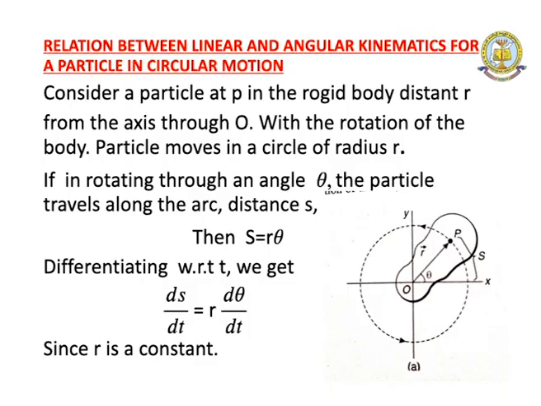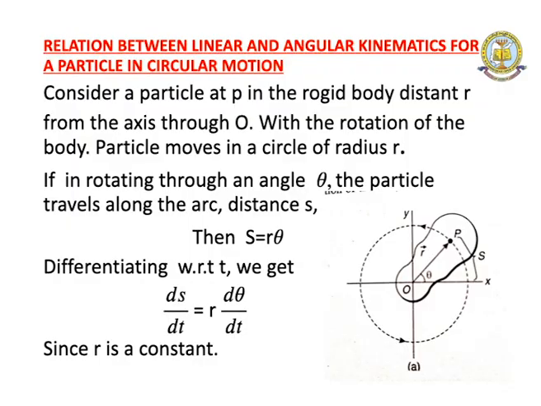Let us consider one rigid body. Let us consider one particle P in the rigid body, at a distance r from the origin, that is OP is r, the position vector. The rigid body is rotating in the xy plane in the anti-clockwise direction.